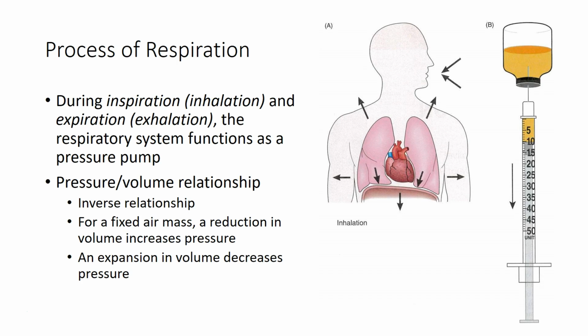During inspiration, our fancy word for inhalation, we expand the lungs, and that has the effect of drawing air in from the outside world. During expiration, we contract the lungs, and that has the effect of pushing air into the outside world. This effect is similar to that shown in the image on the right with a syringe, where pulling the plunger down on the syringe will draw liquid out of a bottle using forces of pressure.